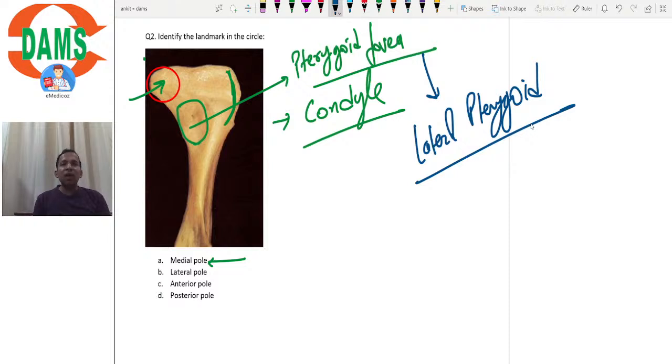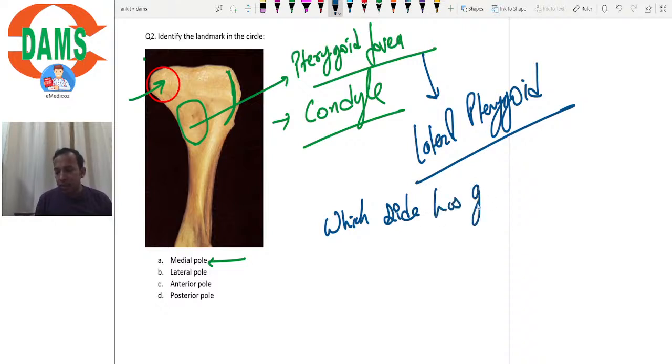If you are asked which side of the condyle shows greater articular surface, is it the anterior part or the posterior part? Here we can see the anterior view; we don't see the posterior view in this diagram.